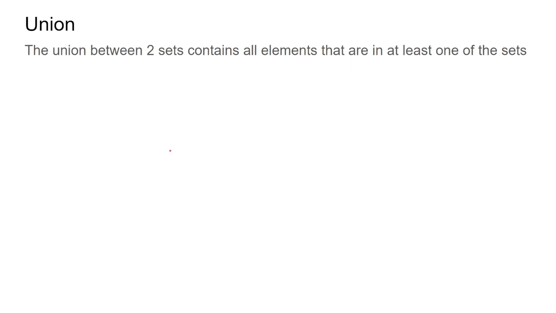The union between two sets contains all the numbers that are in at least one of the sets. So if you think of intersection as "and", so the intersection of A and B is elements that are in A and B, the union is like an "or": either in A or B, so it could be in both, but it could also just be in one.